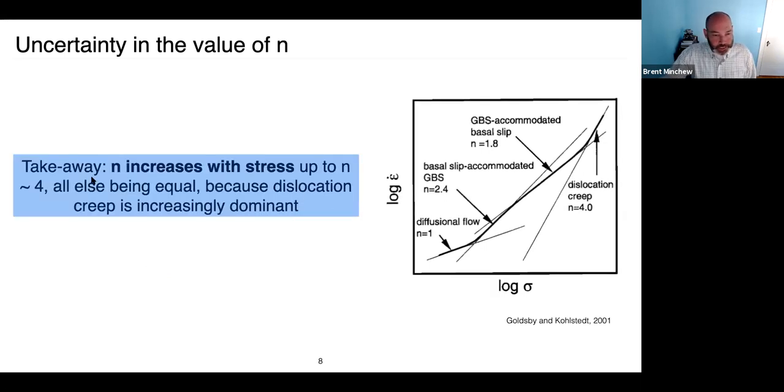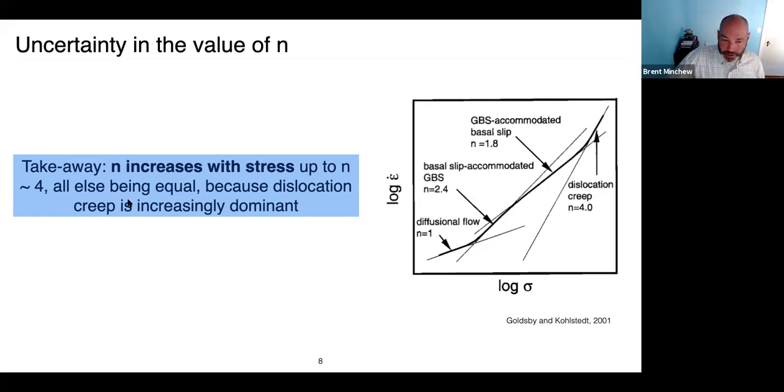So the takeaway from all this is effectively that we should expect n to increase with stress, at least according to laboratory studies, up to a value of around n=4, which is dislocation creep up at the highest stresses that we would expect to find in most of the terrestrial ice, right?